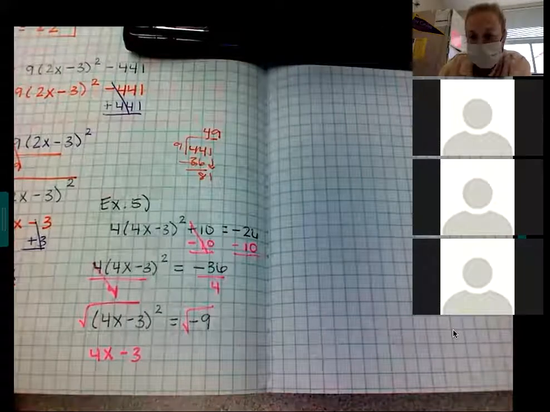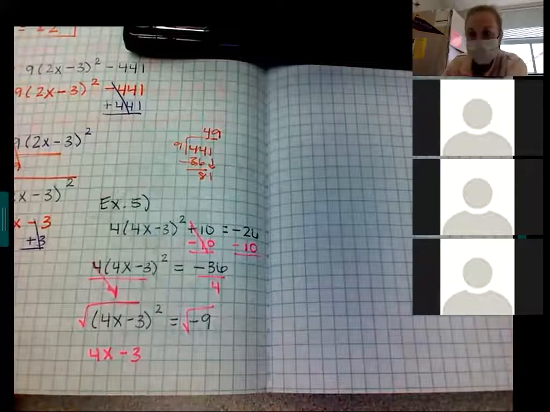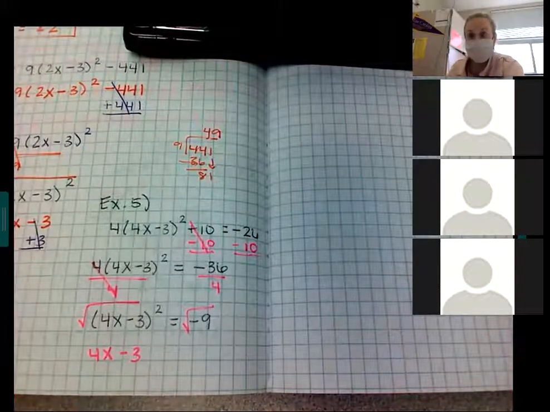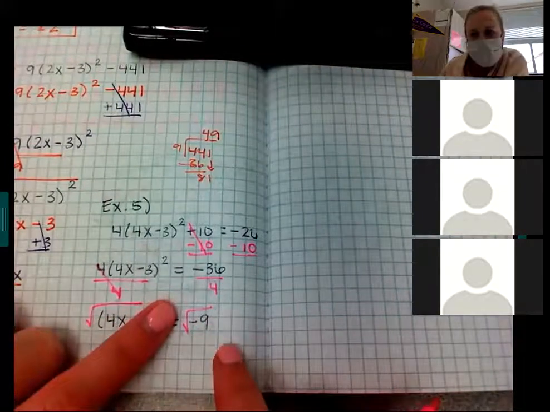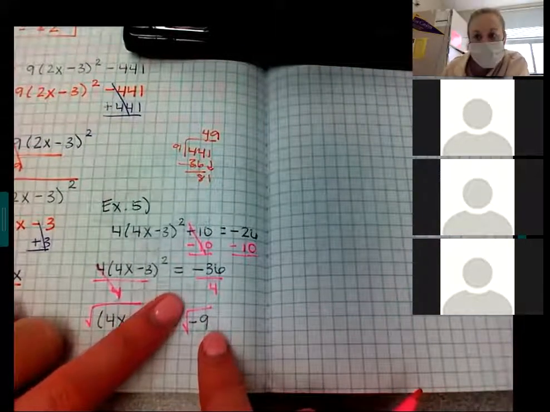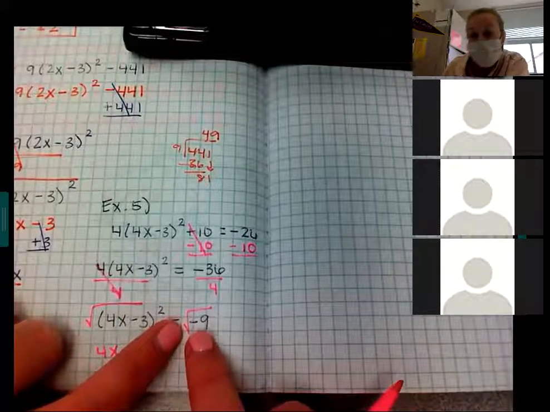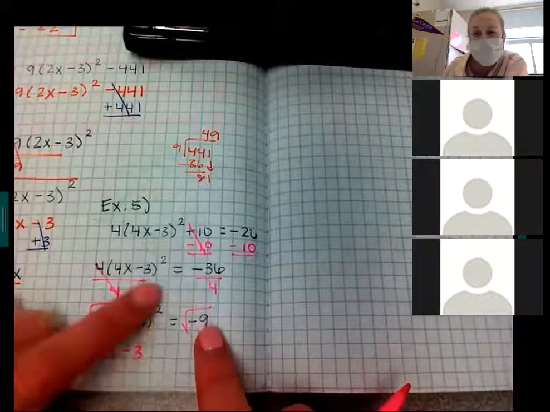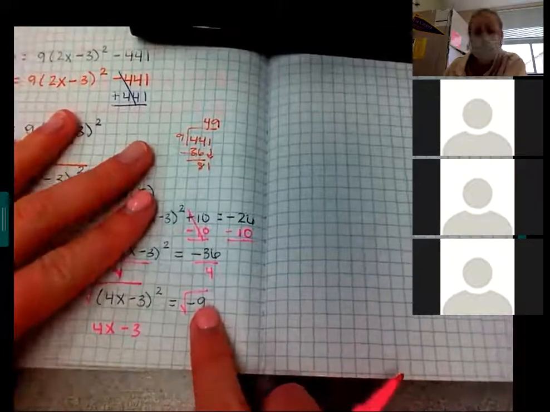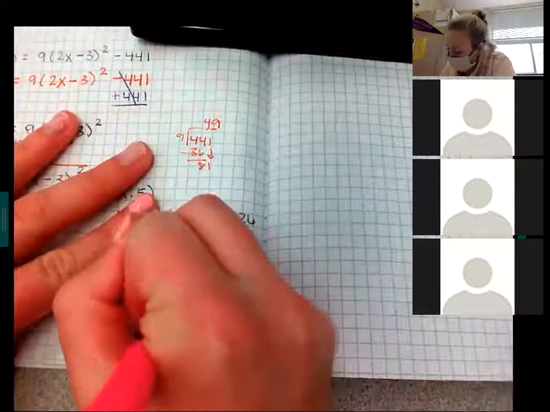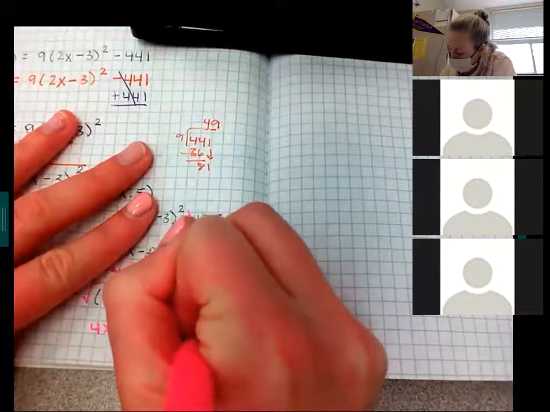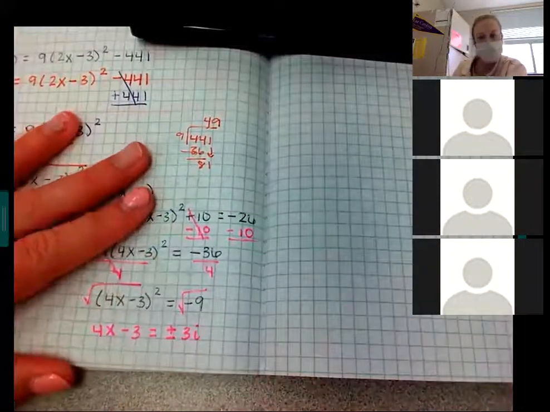Okay, what's the square root of 9? 3. Okay, plus or minus 3, but it's negative. So what happens when we take the square root of a negative? What kind of number does it end up being? Imaginary. Good, so do y'all agree this is plus or minus imaginary 3, 3i?